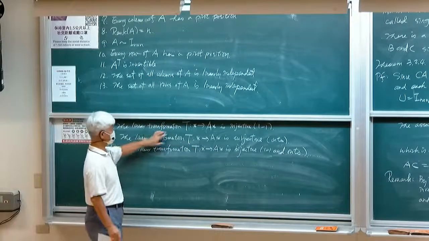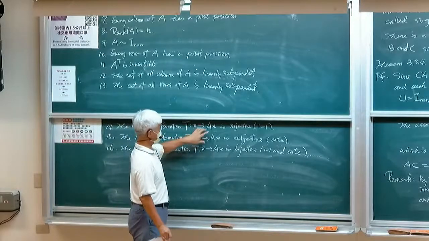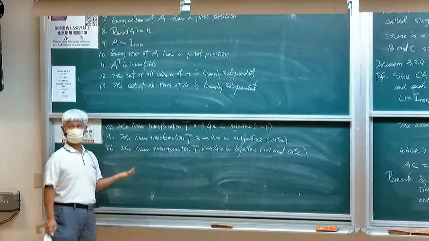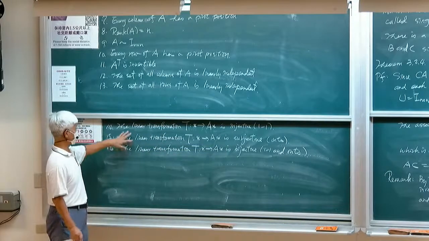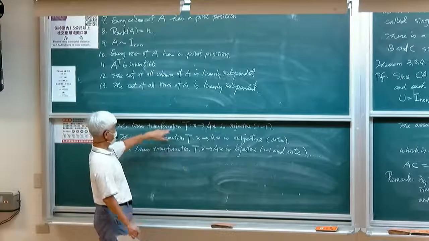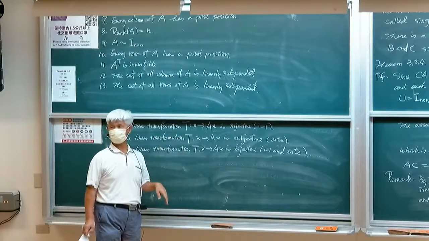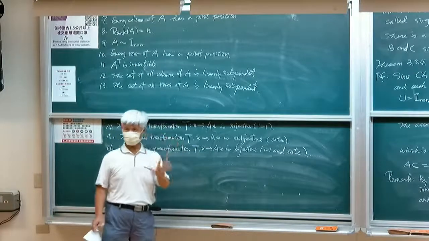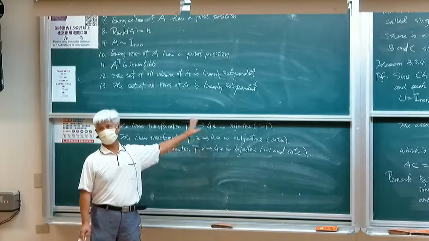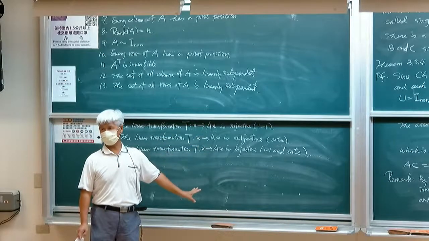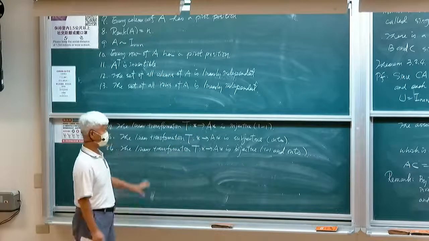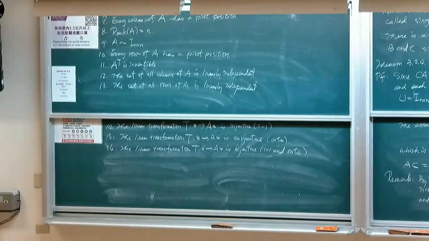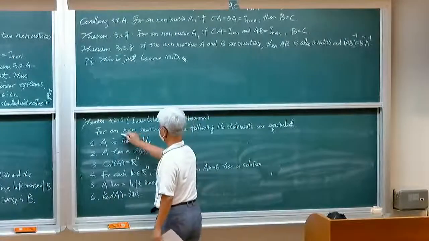Then you don't need to show onto; you can conclude that this linear transformation must be bijective. The important thing is that A is square. If A is not square, then the statements are not equivalent to each other. So it's very important to note we are talking about a square matrix.